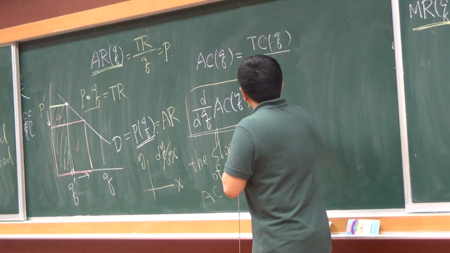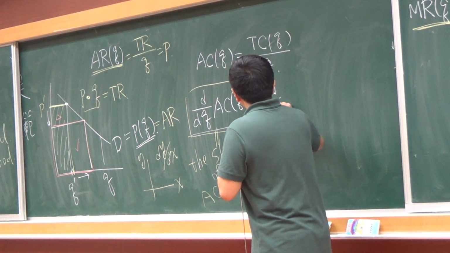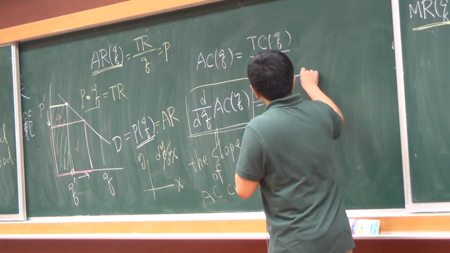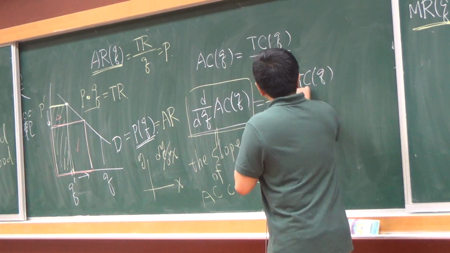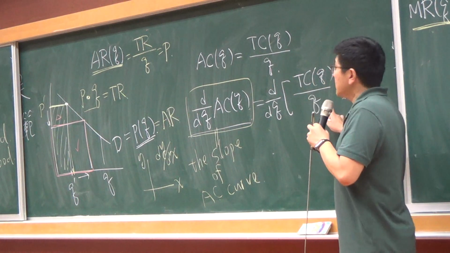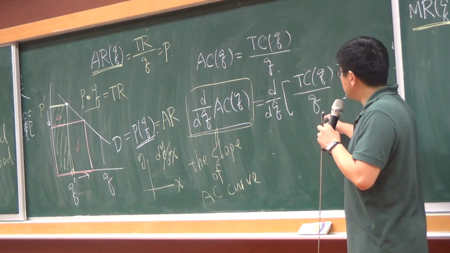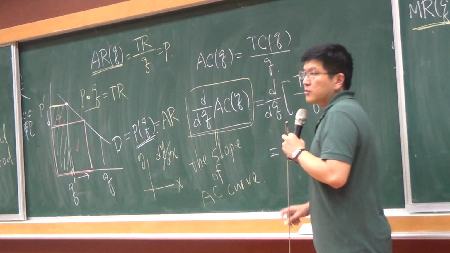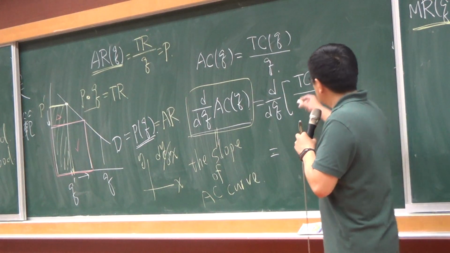And because AC is defined by TC over Q, it is a quotient of total cost and quantity. So we apply the quotient rule.